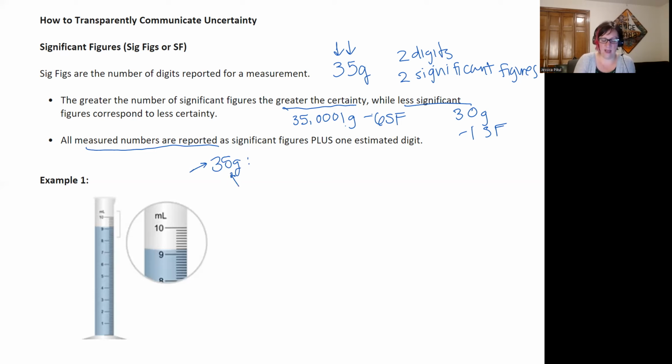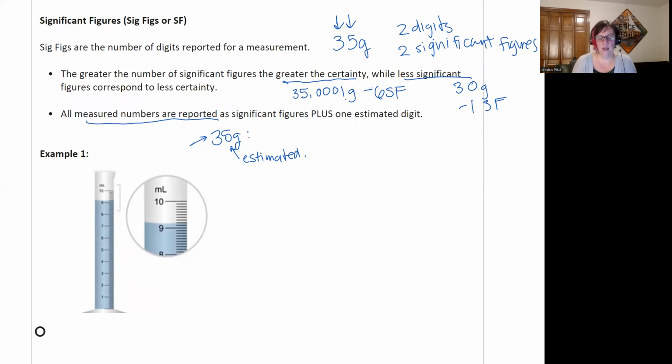And then the 5 is our estimated digit. So really it's not necessarily 35 grams. It's definitely 30 grams at least, and it's less than 40, but it's somewhere in between. So maybe it's like 31 to 39 grams, and we're estimating that it's the 5 and not 36 or 33.